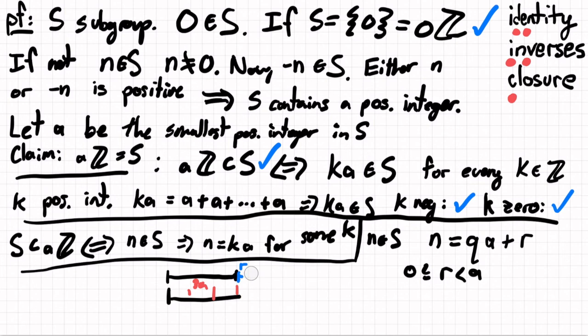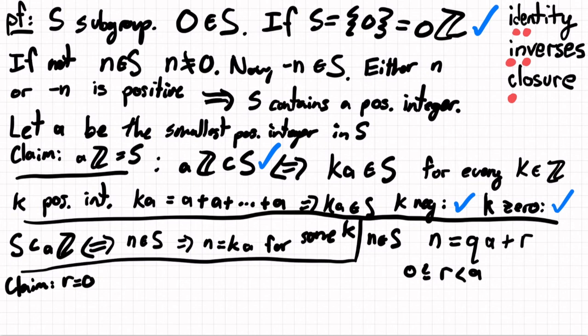So now that I've written n in this way, I'm going to claim that r equals 0. If I'm right in my claim that r equals 0, then n is equal to qa, and then q is the k that I need for this claim right here. So if I finish this claim, then I will be done.